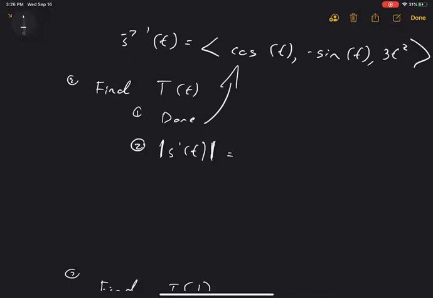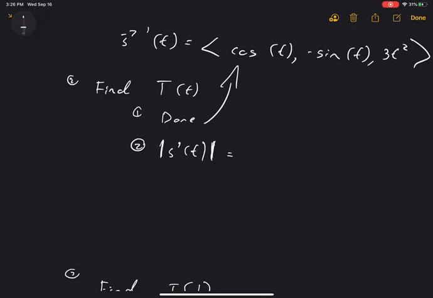So think back to, this was in section 12.3, I believe, when we were talking about the dot product. Remember, the magnitude of a vector is the square root of a vector dotted with itself, right?